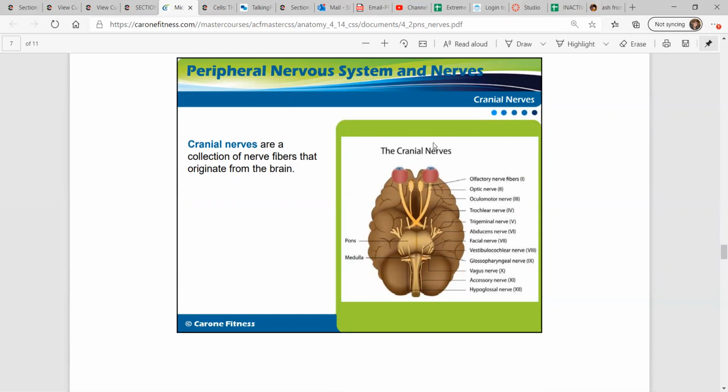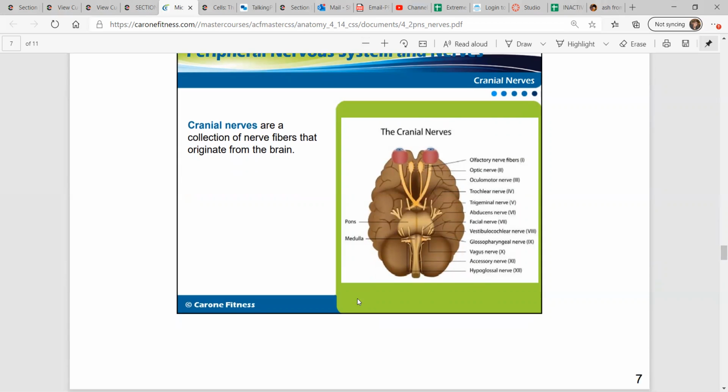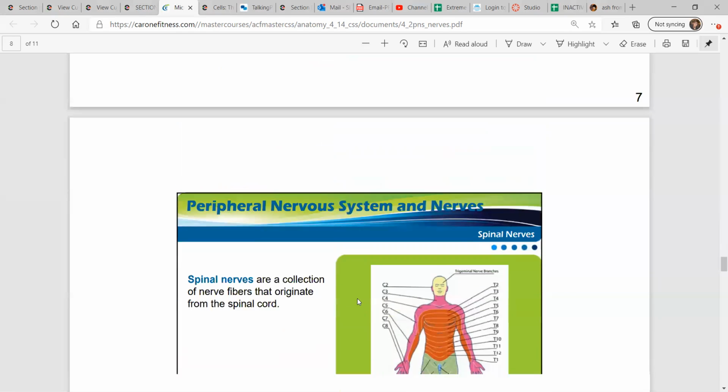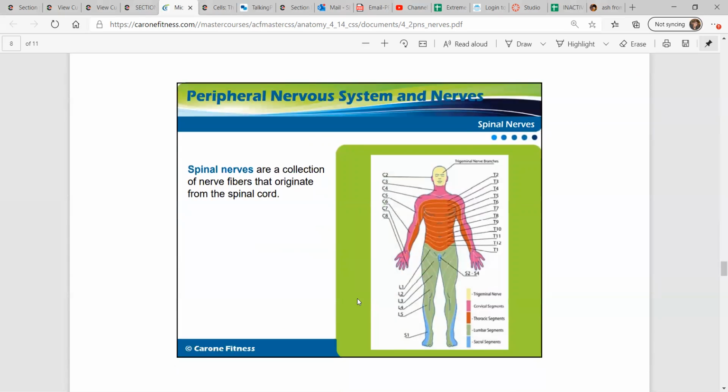Cranial nerves originate from the brain. And here we have a picture of these nerves and how they are organized. Spinal nerves are a collection of nerve fibers that originate from the spinal cord.